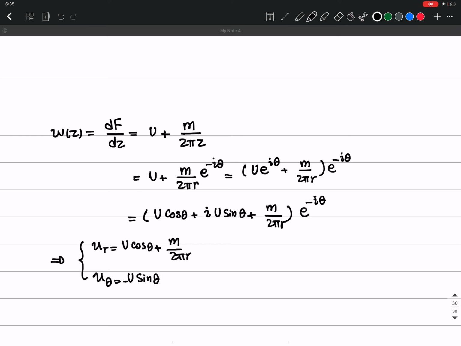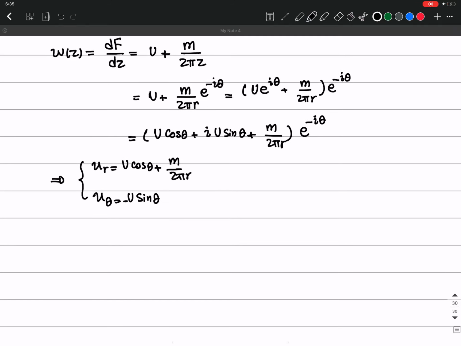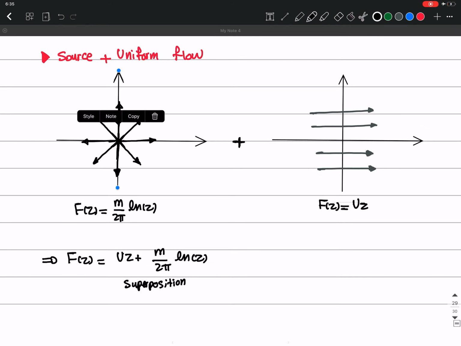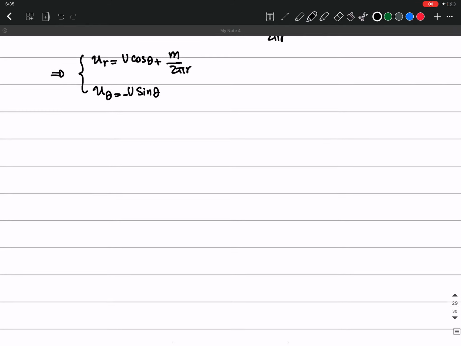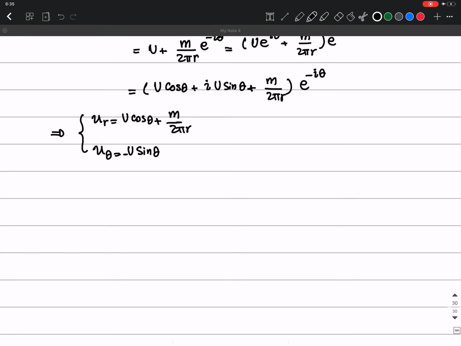And based on these, you can plot the superposition of these two together.